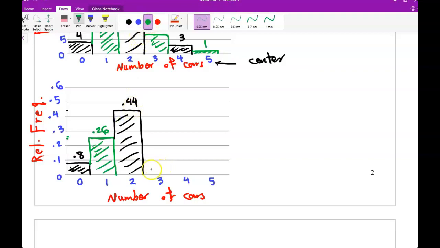Three cars, we have 14%. And for four cars, it is 6%.